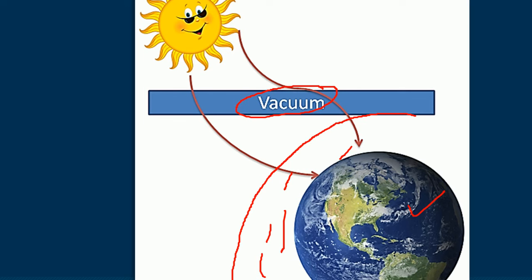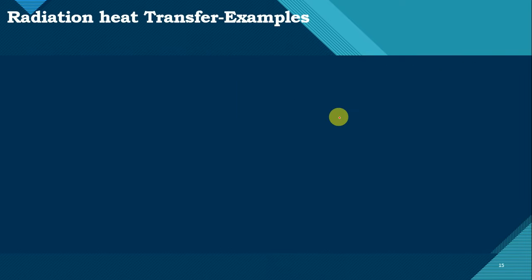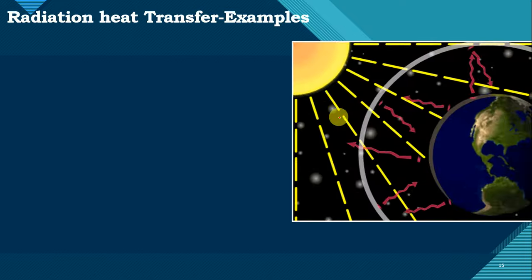So radiation can pass through air, radiation can pass through water, but at a lesser rate. If there is no medium, if water is not there, air is not there, and no other medium is present, then heat transfer by radiation will be fastest. And if a medium is present, then it will get disturbed, and the rate of heat transfer will be reduced.